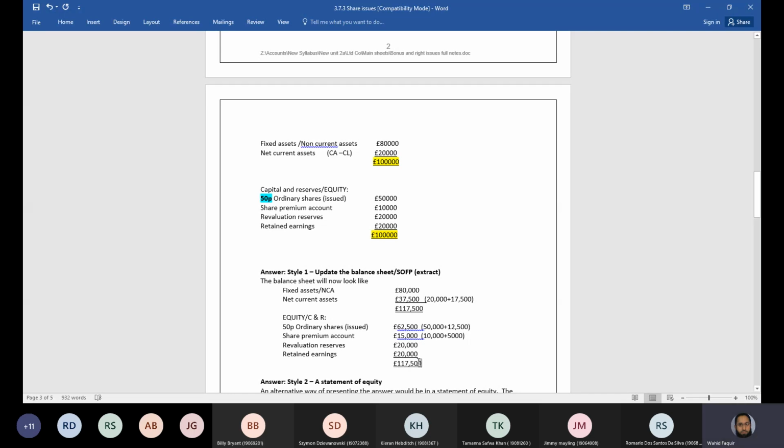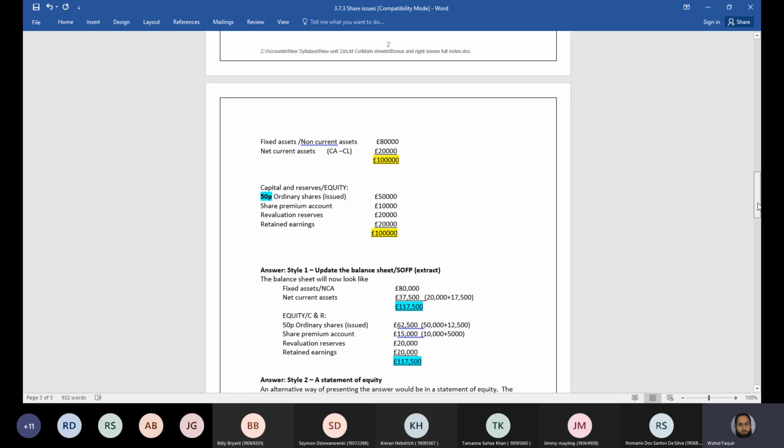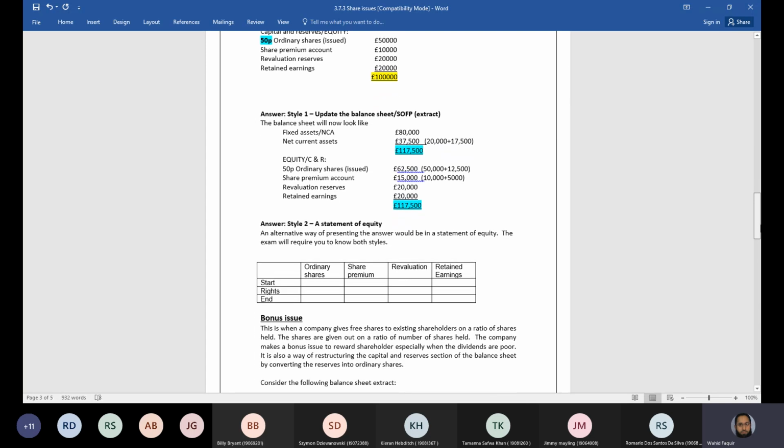Right, indeed, the top half does equal the bottom half, and the changes were as a result of a rights issue, selling shares to existing shareholders at a price above the nominal value but below the market value, which gives rise to an increase in bank, ordinary share capital and share premium. Now, of course, that's not all of it, is it? We've got to present that in a SOCI table, statement of changes in equity.